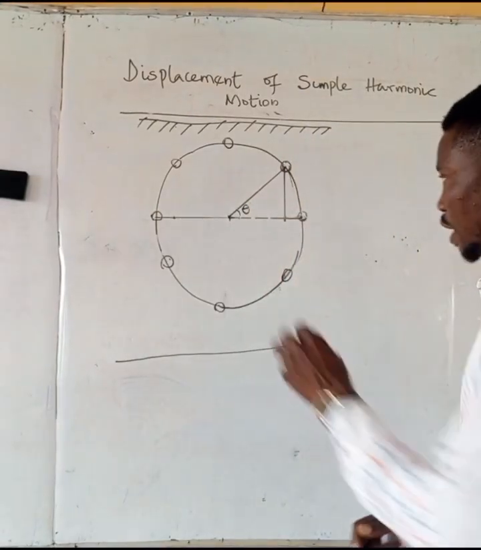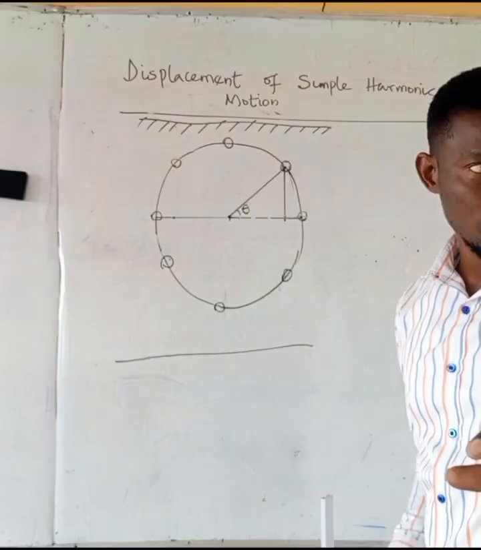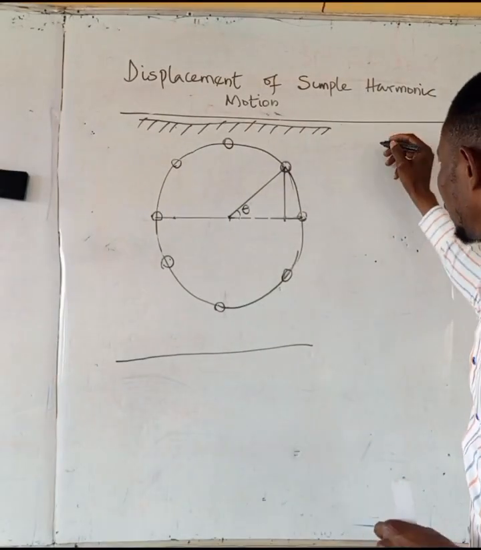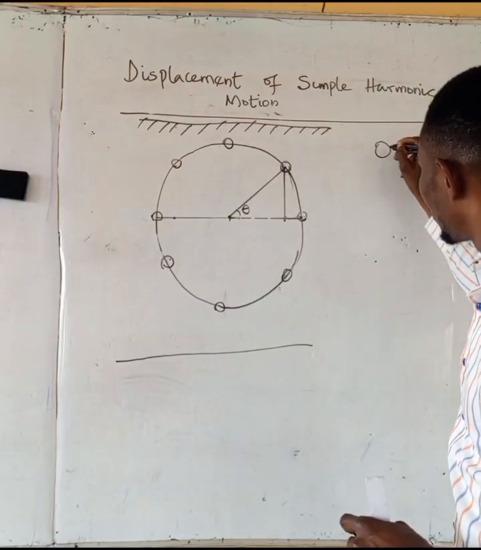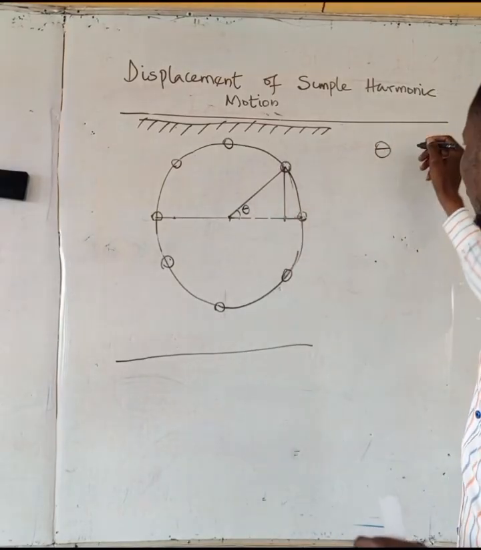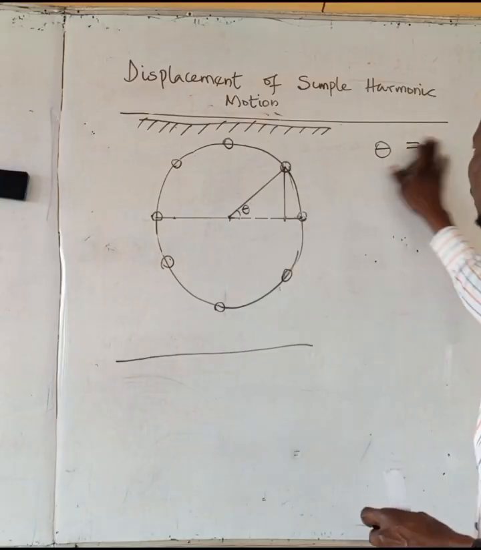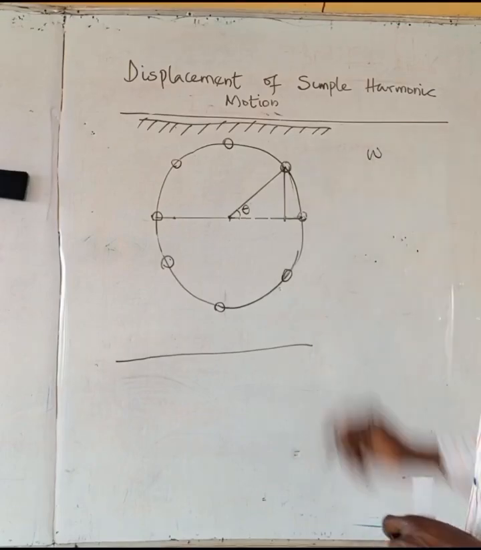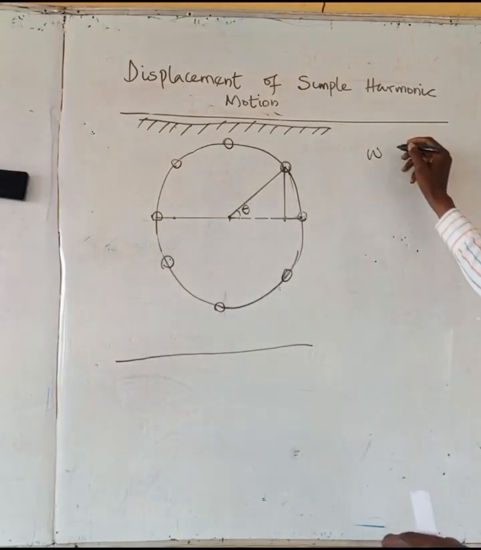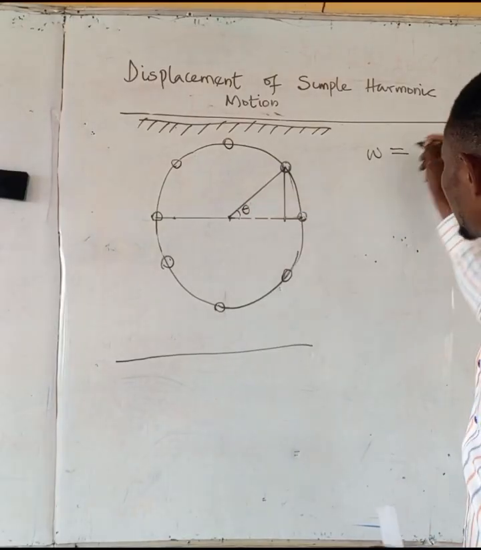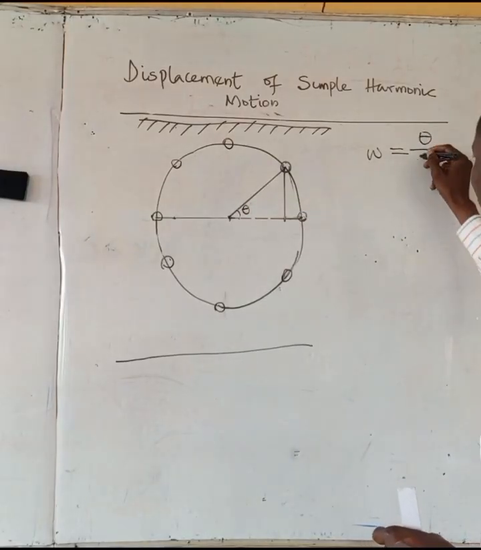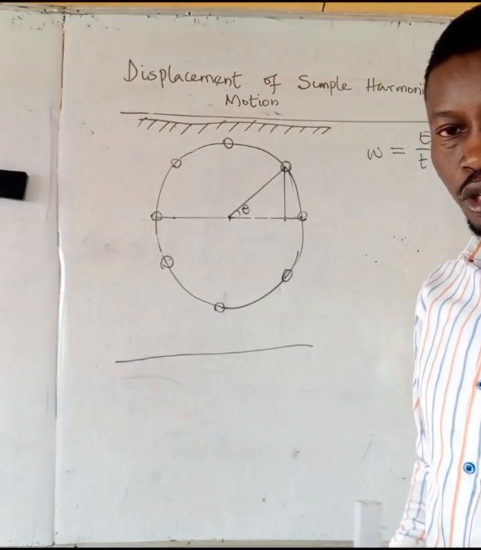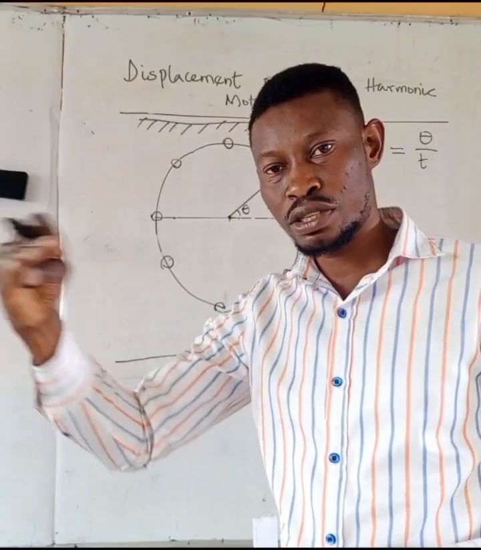As we already know from uniform circular motion, the angular displacement, theta, is calculated using the angular velocity, omega, which is equal to the angular displacement, theta, divided by time, just like we define the normal linear velocity as linear displacement over time.